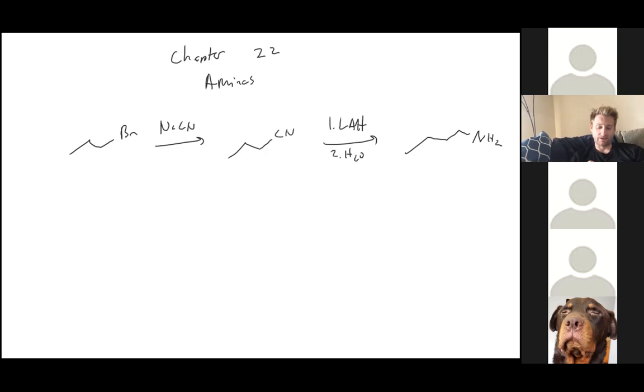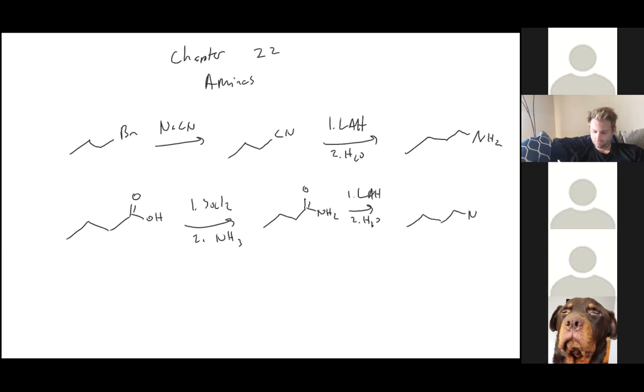Some other ways, we can do it through an amide. Taking a carboxylic acid, throwing in initially SOCl2 to make the acid chloride, followed by ammonia, and then LAH lets us reduce this.